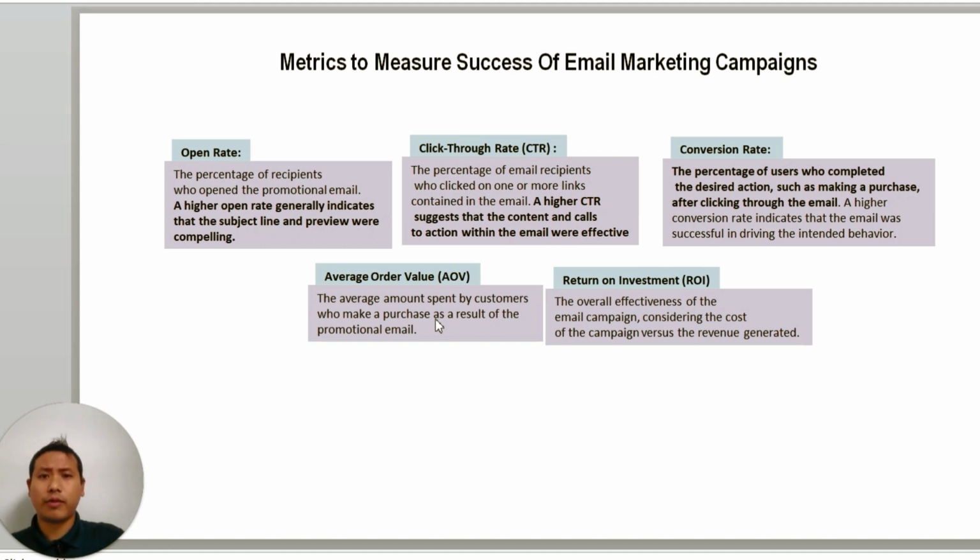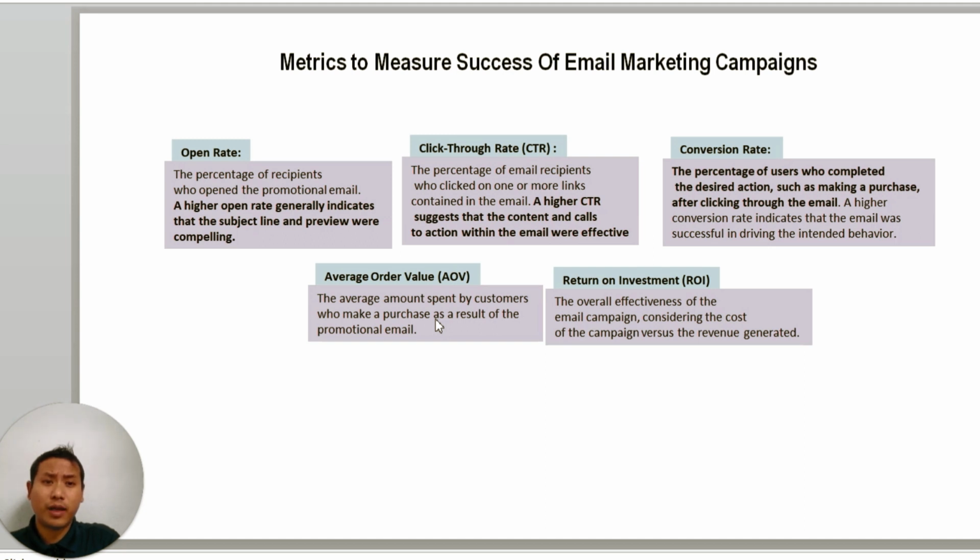The click-through rate is the percentage of email recipients who click on one or more links contained in the email. A higher CTR suggests that the content and calls to action within the email were effective. The conversion rate is the percentage of users who completed the desired action, such as making a purchase after clicking through the email.